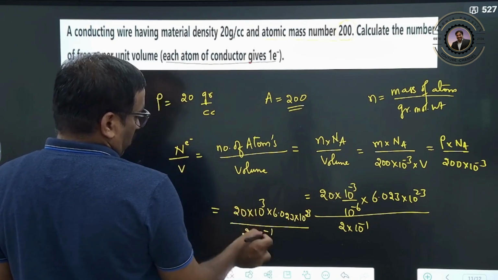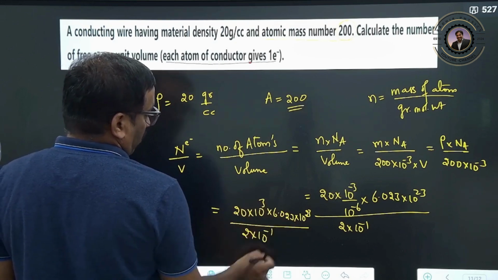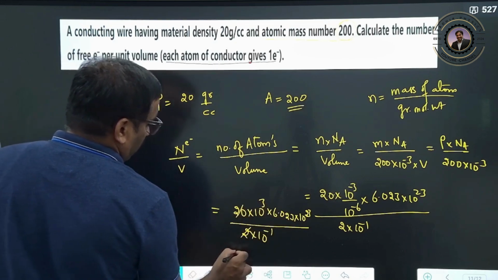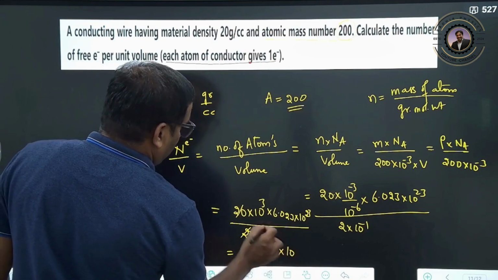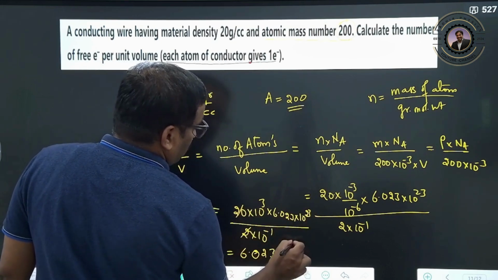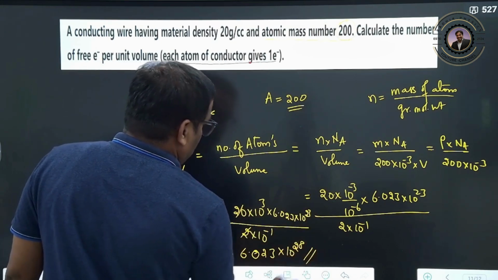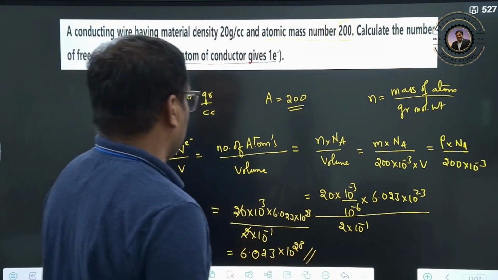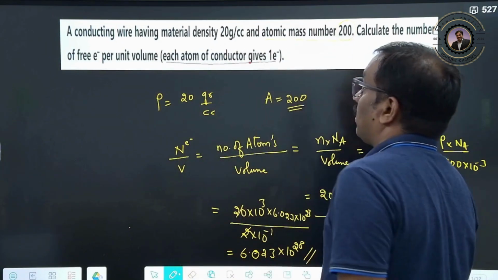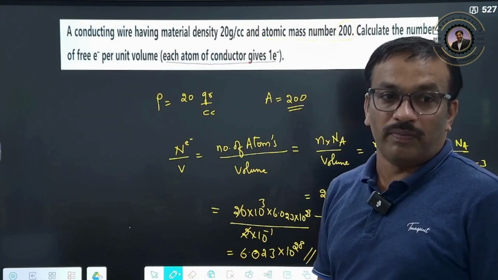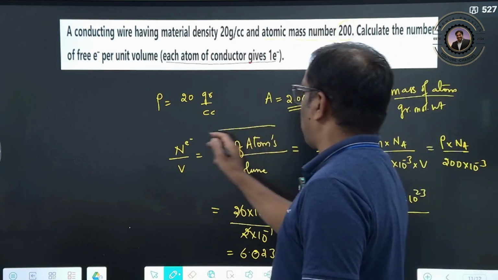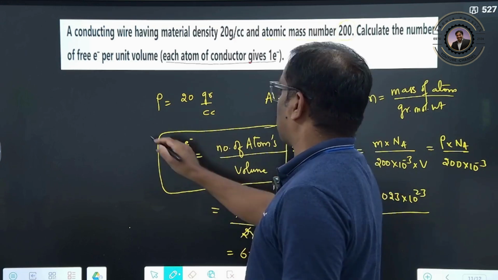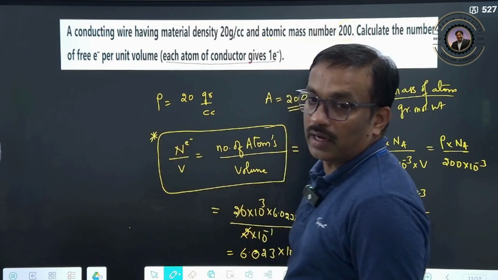So taking the top, this will get cancelled out, therefore 6.023 into 10 to the power of 5. So 5 means 28. So 6.023 into 10 to the power of 28 electrons per unit volume will be your answer now. Clear? So slightly some chemistry concepts we can get here.